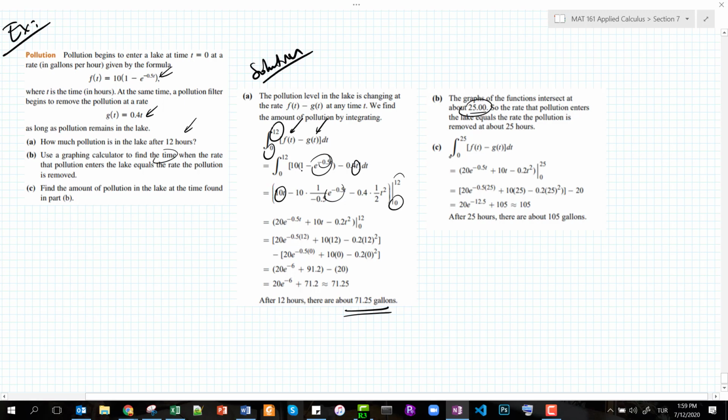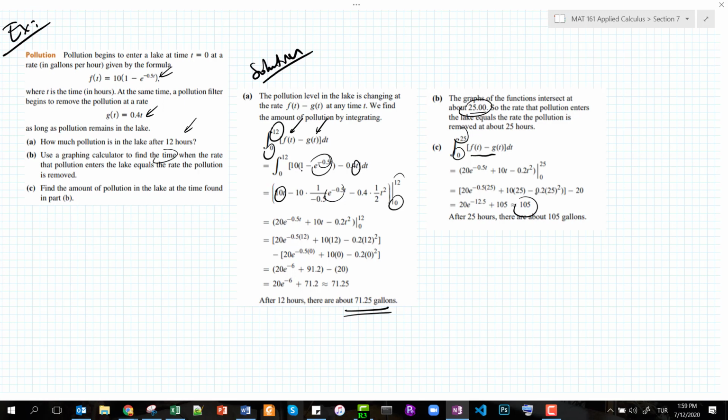I'm just going to take the integral between these two functions and then use the bounds to figure out the amount of the pollution in the lake. As you see, it increased, but I know that after this hour, it will decrease, since I know the pollution and the removing rate are now equal.